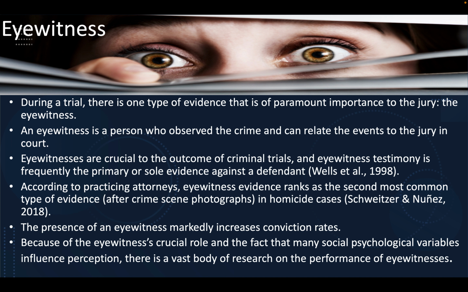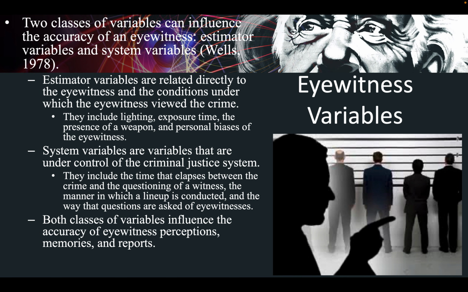Because of the eyewitness's crucial role and the fact that many social psychological variables influence perceptions, there is a vast body of research on the performance of eyewitnesses. Two classes of variables can influence the accuracy of an eyewitness: estimator variables and system variables.